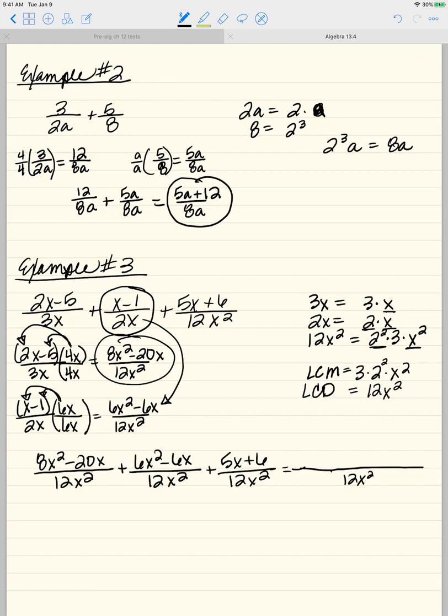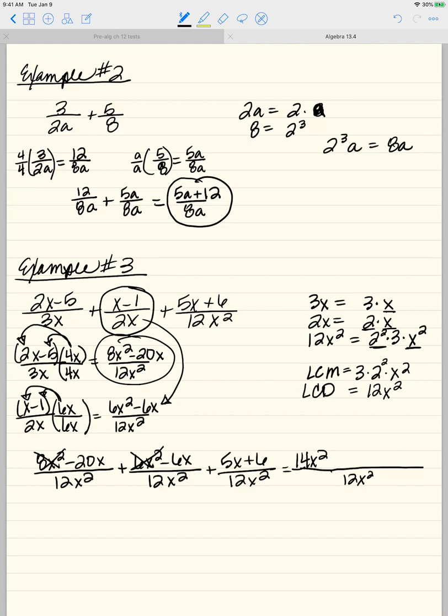Look where you can combine your like terms. Okay, we have 8x squared and 6x squared. So that's going to give us 14x squared. I've used my x squared terms. Then I have a minus 20x, a minus 6x, and a plus 5x.